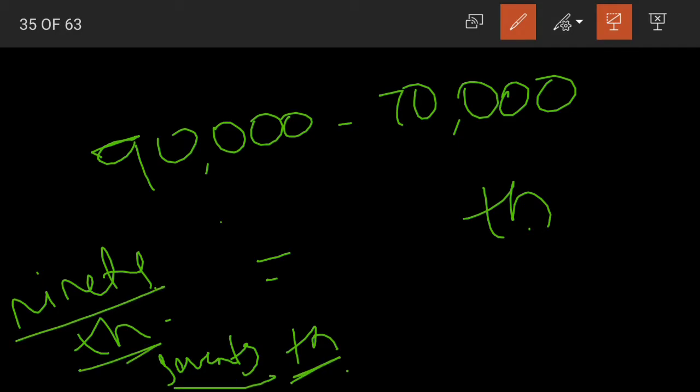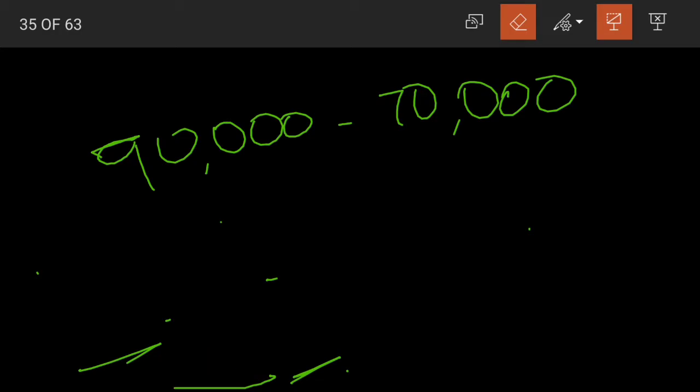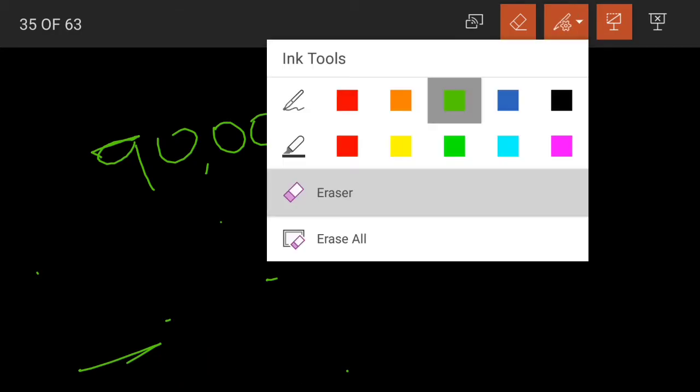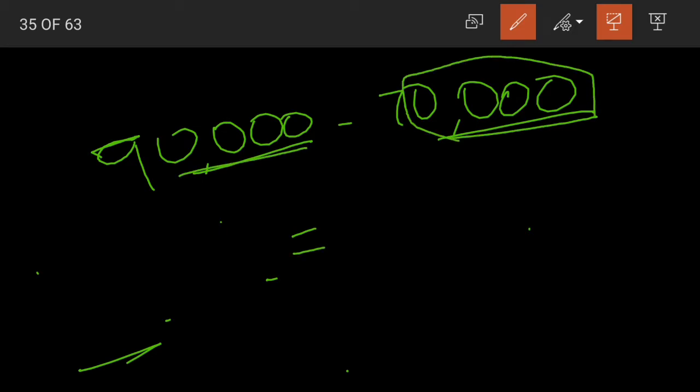90 minus 70 is what? It is 20. So the answer is 20,000. Or if you look at both the numbers 90,000 and 70,000, both are having 4 zeros, that too in the same places.